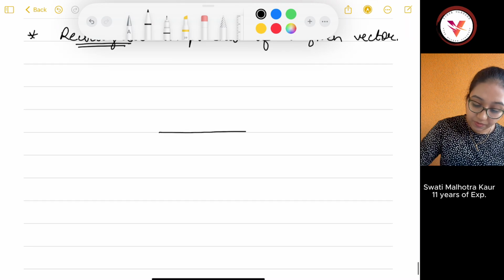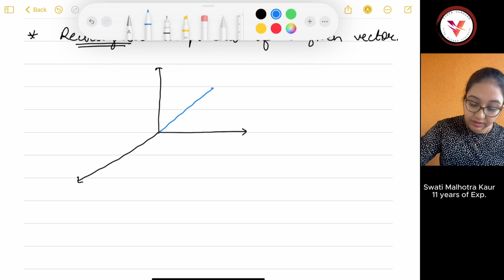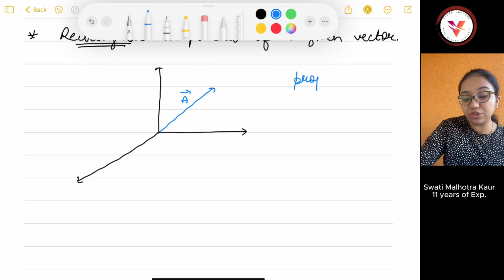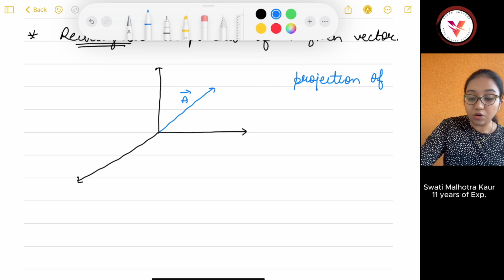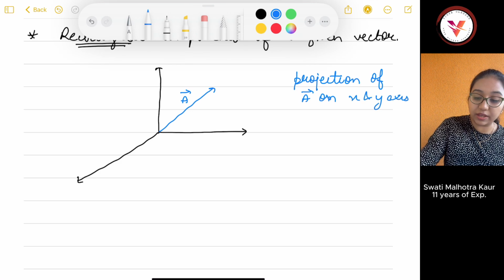So suppose you have a Cartesian plane again, and there is some vector A. Now you have to get the projection of A vector on x and y axis.